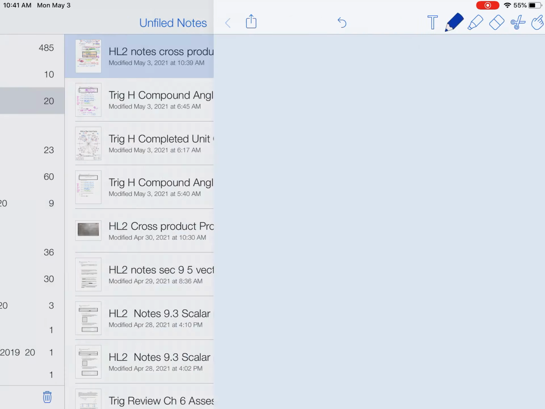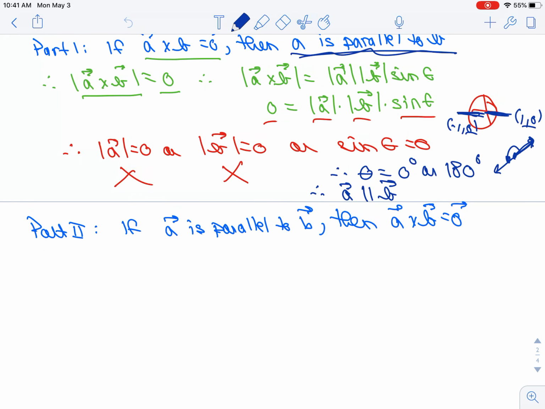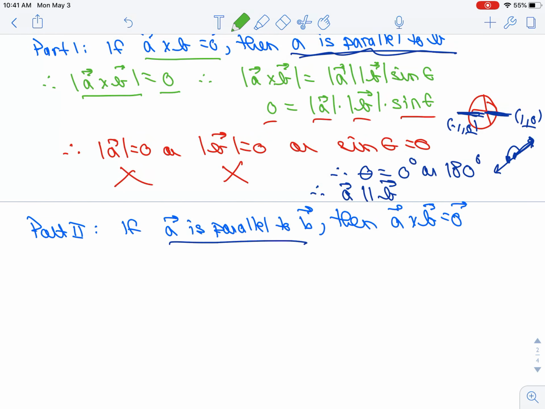Okay, then, likewise, the other way around. If we start out with A being parallel to B, if that's what our given information is to start with, then we know that the angle between them is either equal to 0 or 180 degrees. And you can see that this is pretty much just the reverse of what we just did.